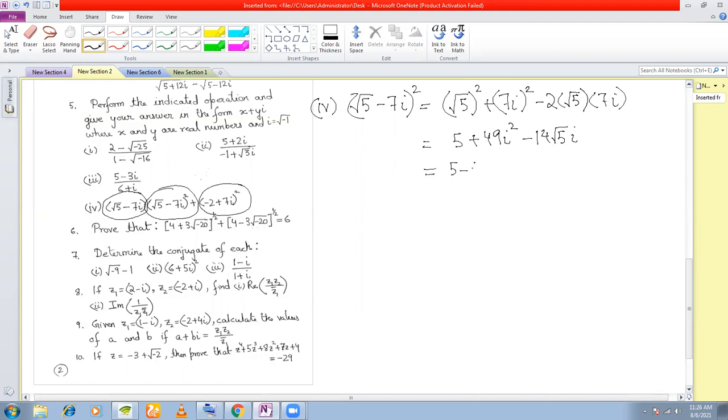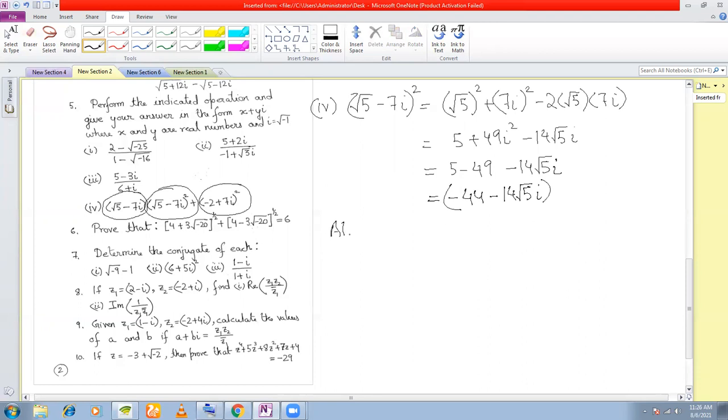You get 5 minus 49, minus 14 root 5 i. So 5 minus 49 is minus 44. So minus 44 minus 14 root 5 i. Okay. This is your root 5 minus 7i whole square.